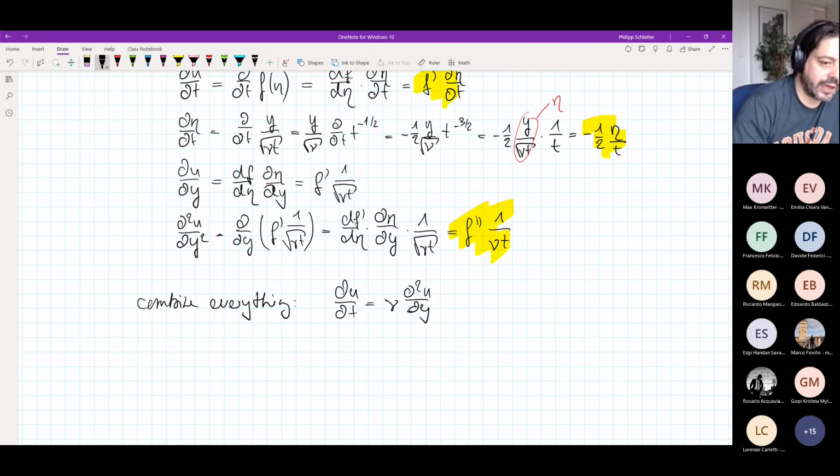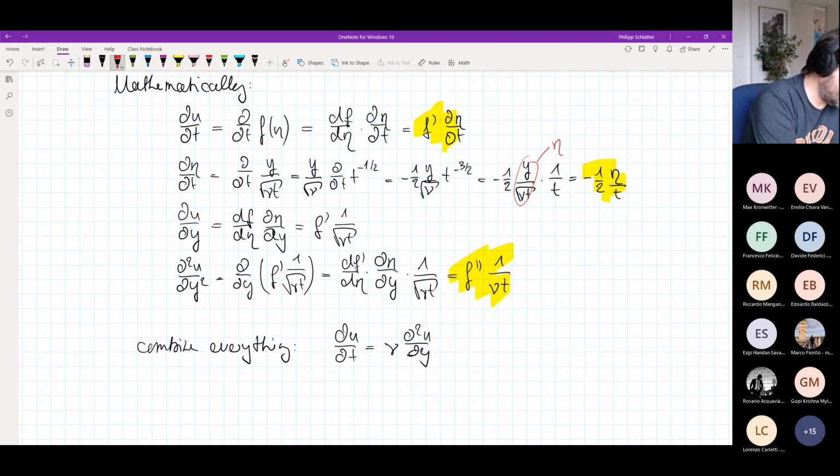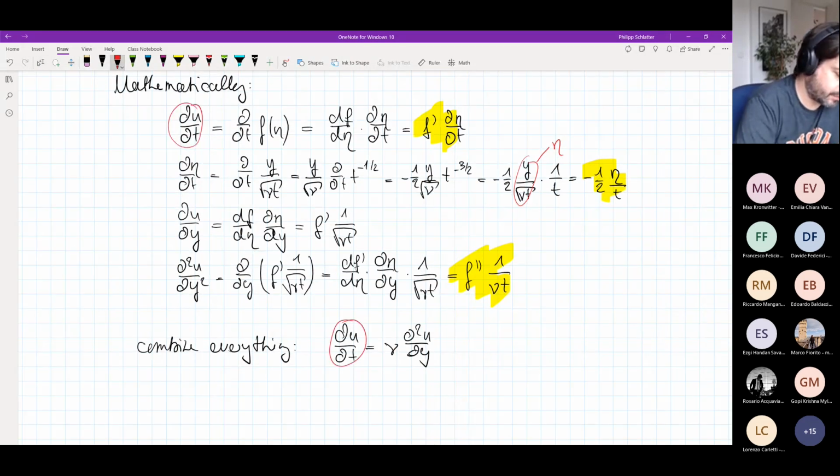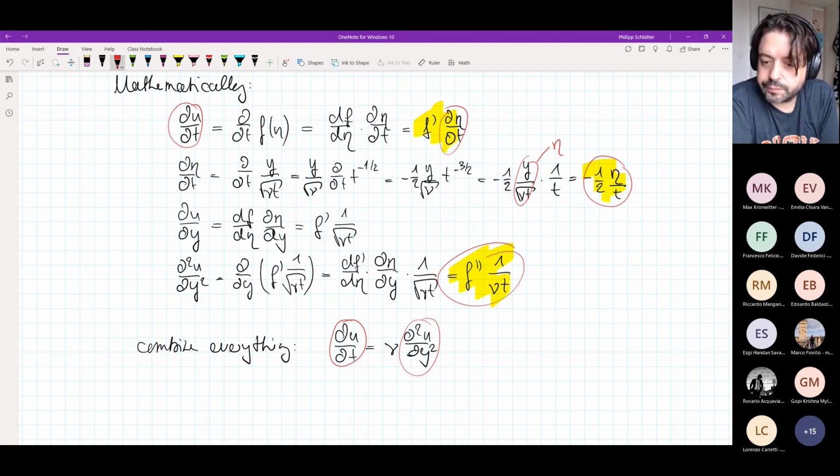But now we fill in what we have obtained here: this one is replaced with this one, and for d squared u dy squared, we fill in this term.